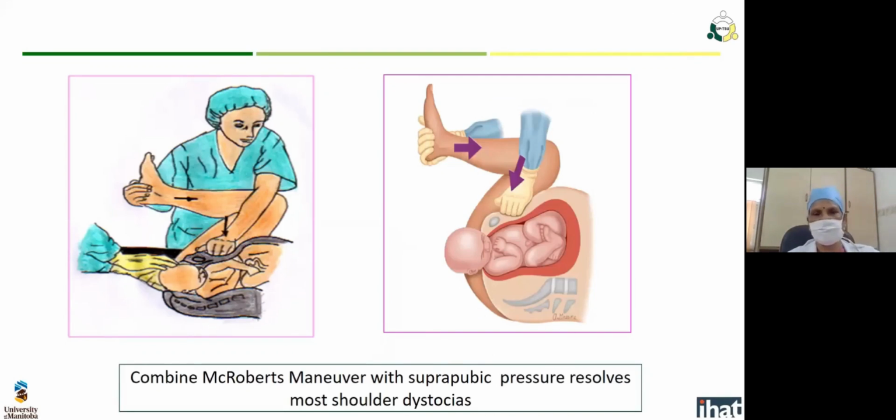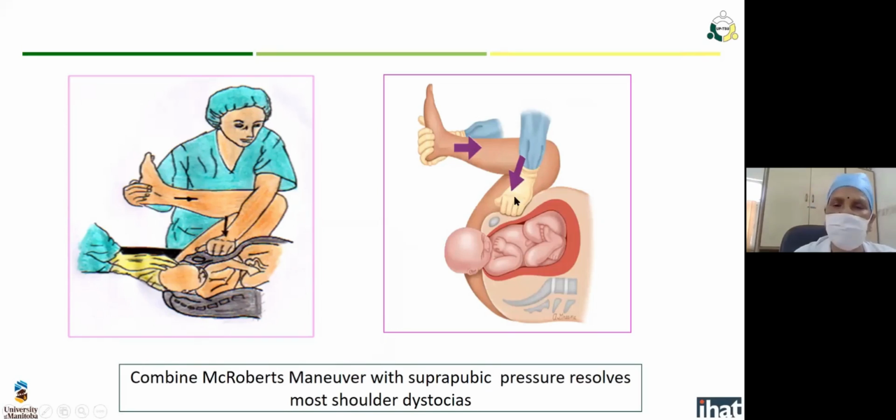So this picture is showing the flexion of the hip joint and flexion at the knee joint, and by the other hand this lady is giving the suprapubic pressure. Same here is shown, the flexion, and there is the suprapubic pressure.